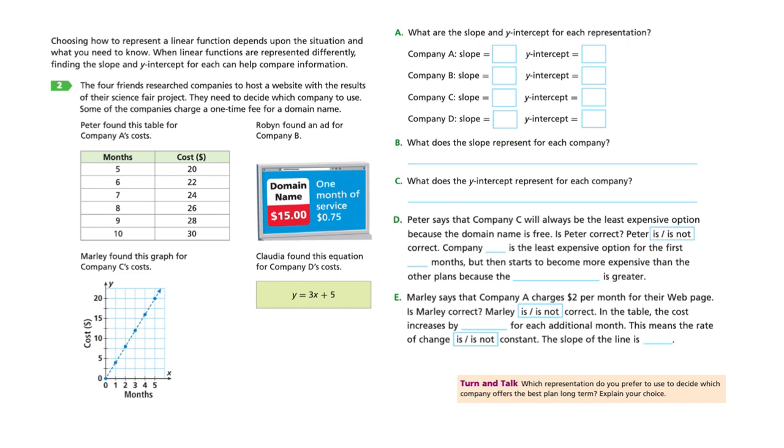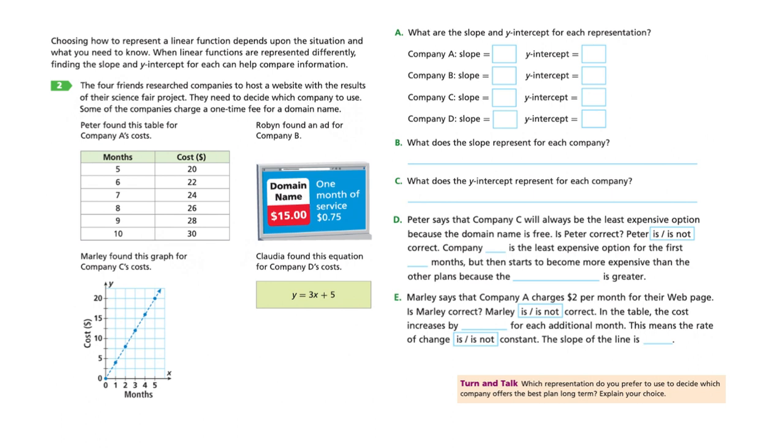Some of the companies charge a one-time fee for a domain name. So here again, they show you different representations for different companies. Peter found this company, Marley found this company, Robin found this company, and Claudia found this equation for company D's costs. So they're different companies and different representations.